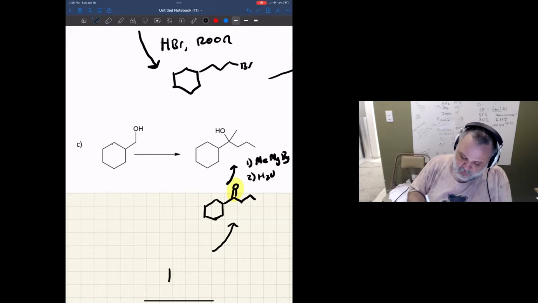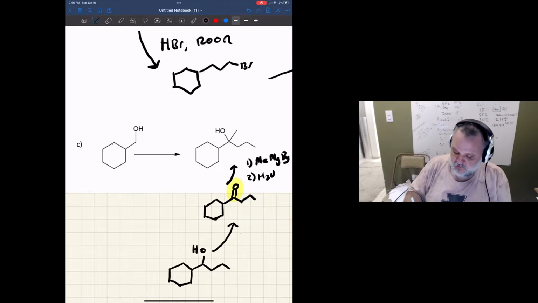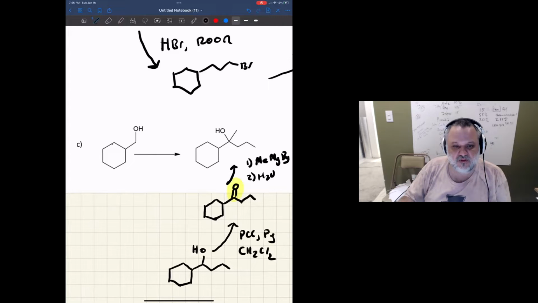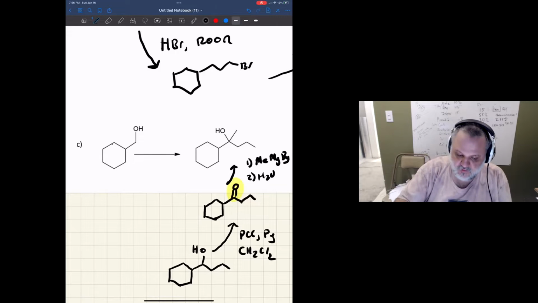Let's see. If I had an alcohol group there, then I could do an oxidation reaction in order to accomplish the formation of that carbonyl group. What's next?